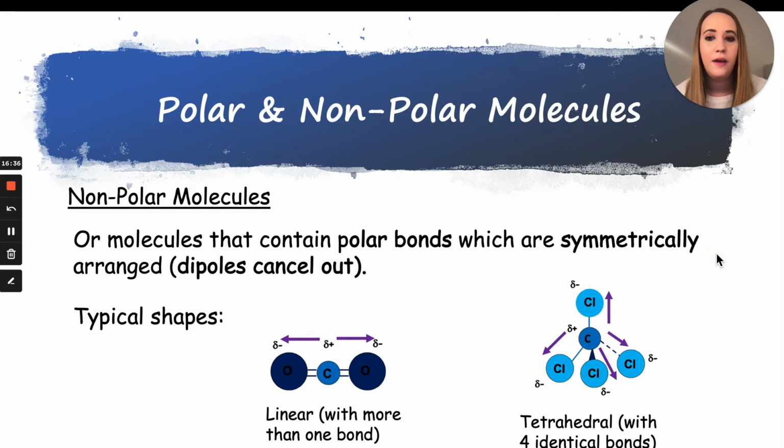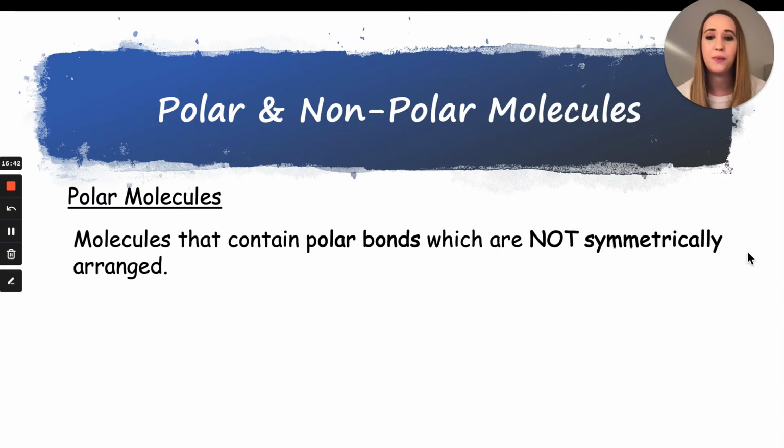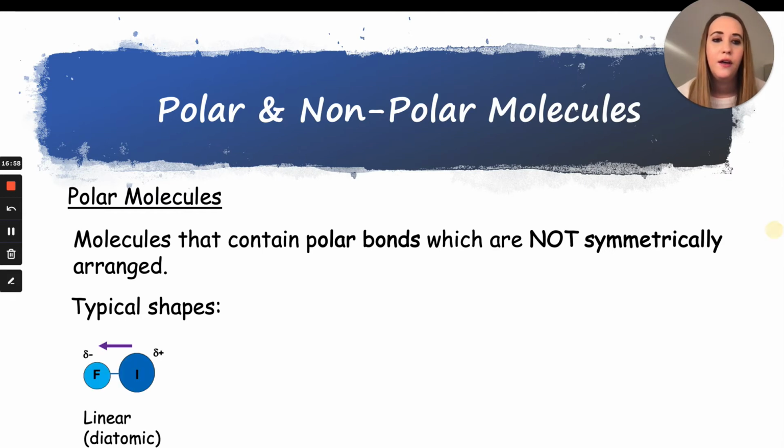Then if you have a molecule that has polar bonds but it's not symmetrically arranged, it doesn't have that kind of shape that allows the bonds to cancel out, then that is a situation where your molecule will be polar overall. Again, you're watching out for typical shapes here.